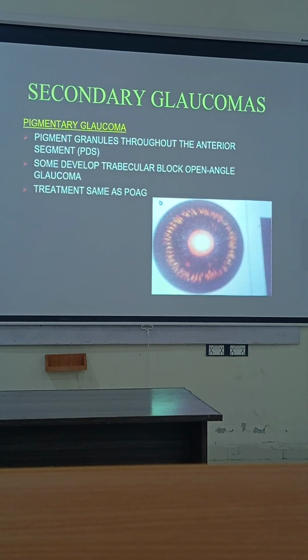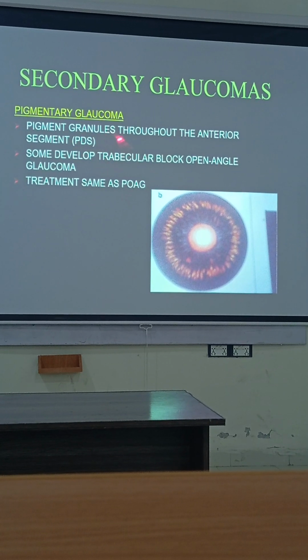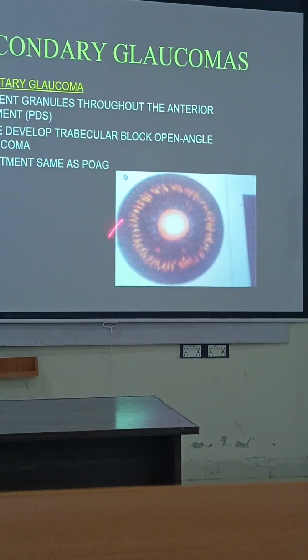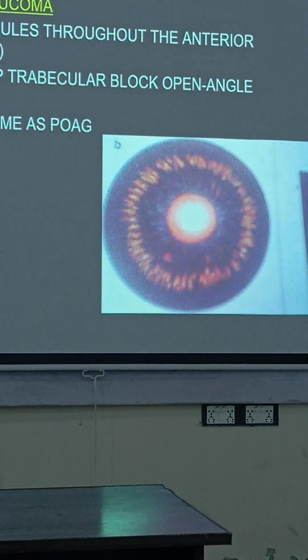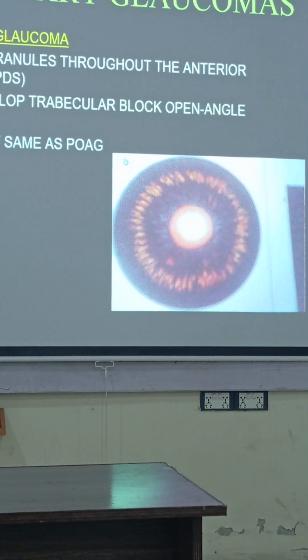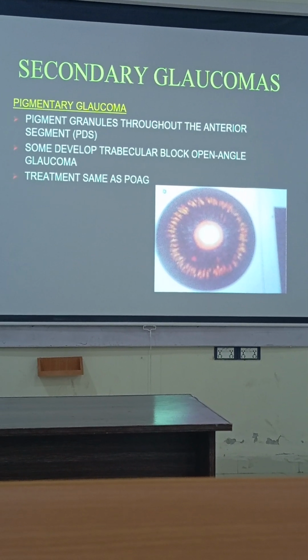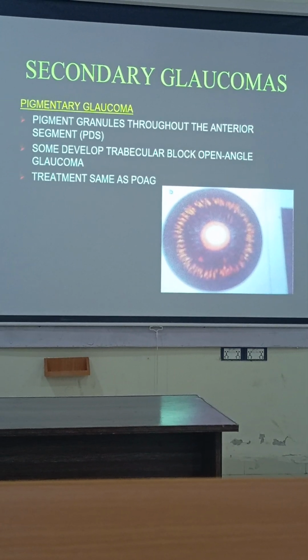Now this is another cause, pigmentary glaucoma. Pigment granules throughout the anterior segment. Some develop pupillary block, open-angle glaucoma. Treatment same. It is a disease in which, because of some unknown pathology, the pigments from the iris and the ciliary body disperse throughout the anterior chamber, and when they go and get stuck in the angle, they don't close the angle, but they block the angle because of their deposition.